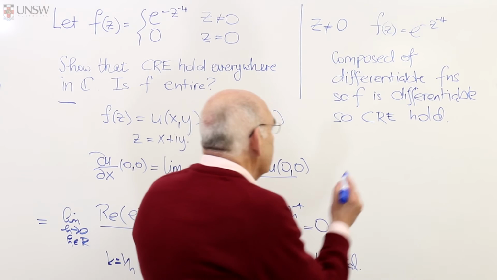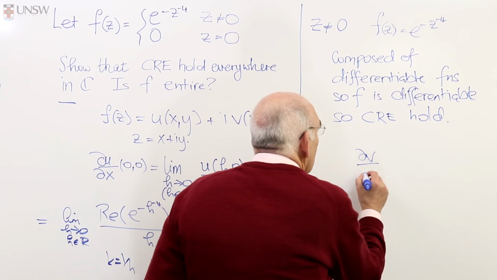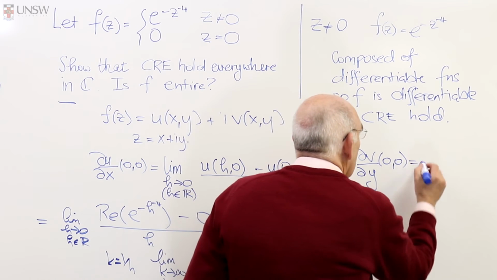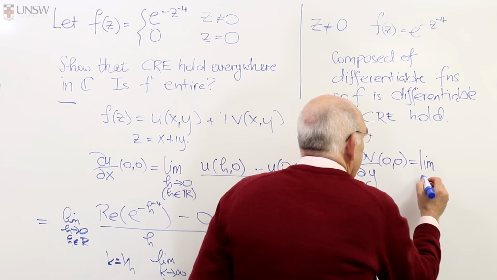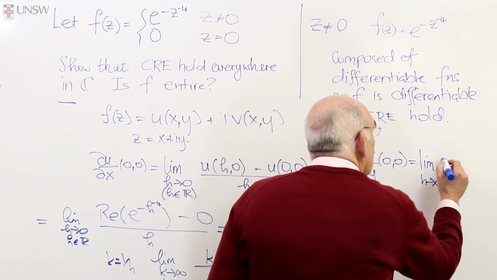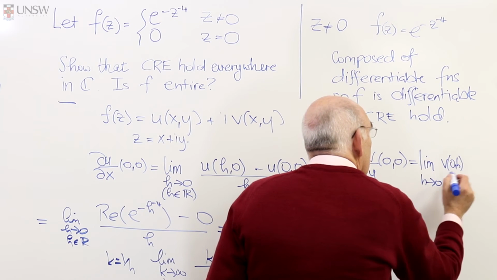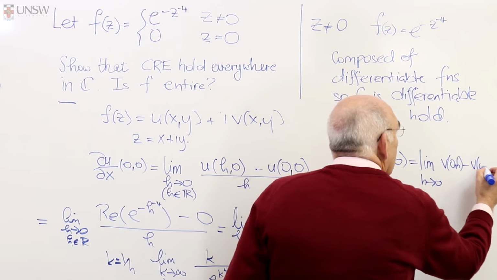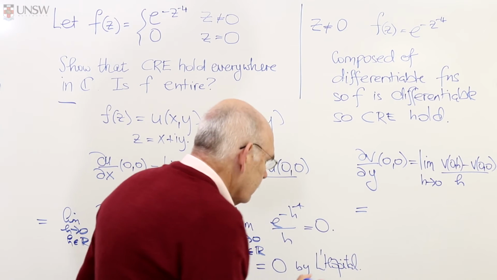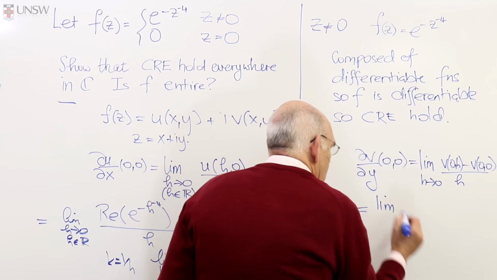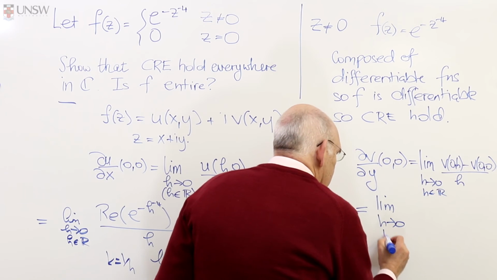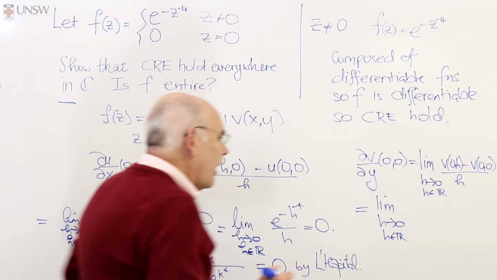Now we need to look at dv dy, and again we're doing this at 0,0. Now, this is equal to the limit as h goes to 0 of v of 0,h minus v of 0,0 over h, and I should say again h is always real, just to make sure that we remember that.